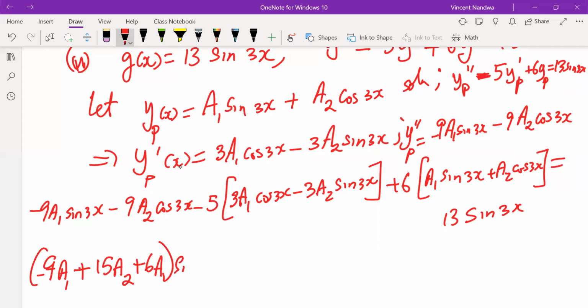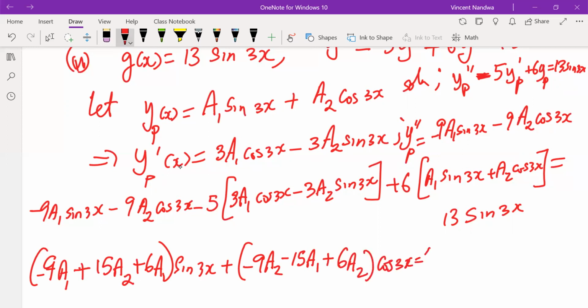Then this is the coefficient of sine 3x, plus minus 9a2, this for cos, minus 15a1, and then plus 6a2, of cos 3x should give us 13 sine 3x.